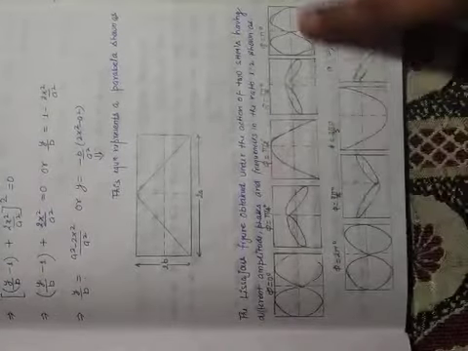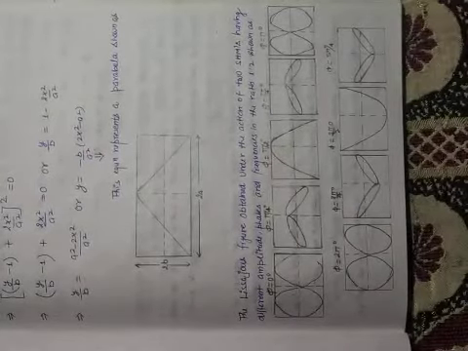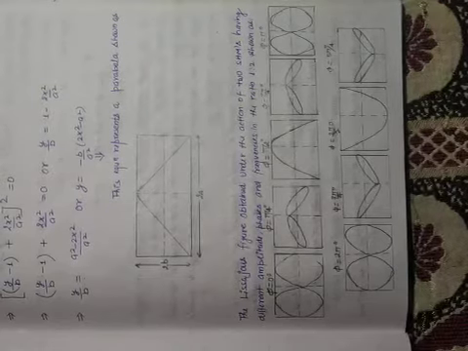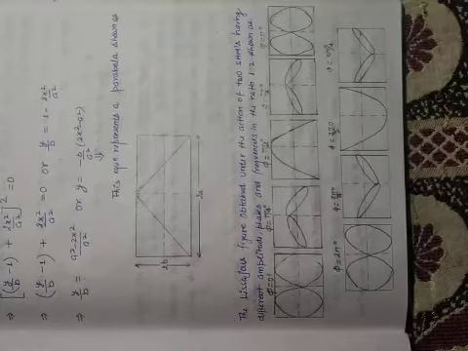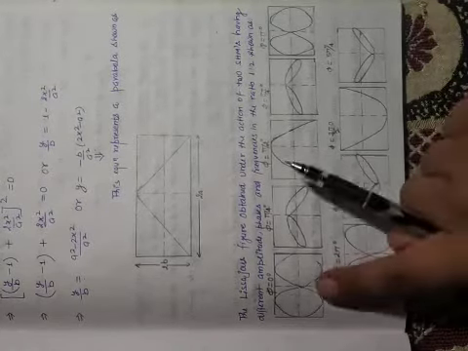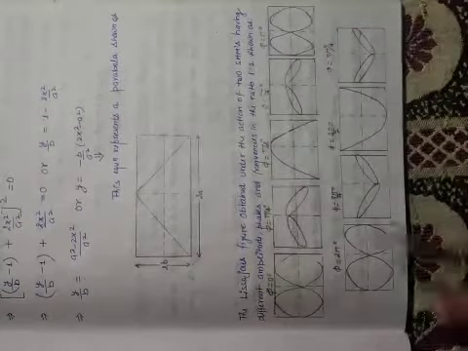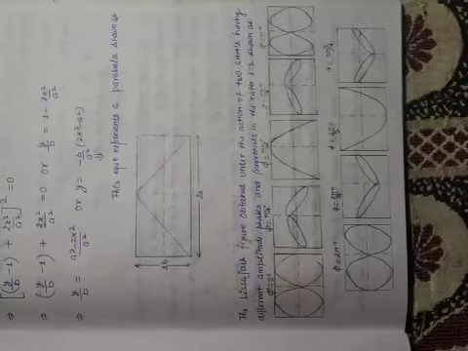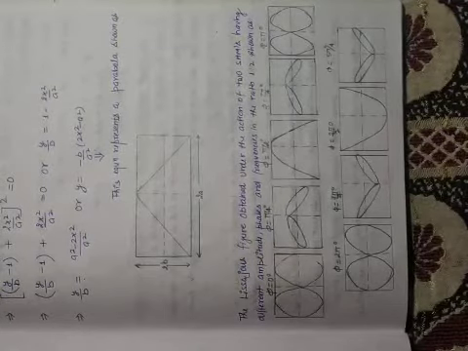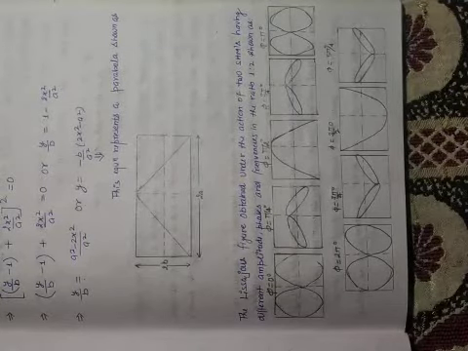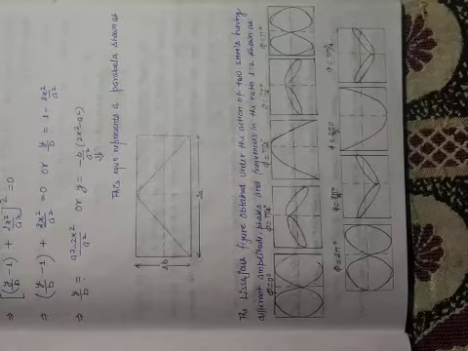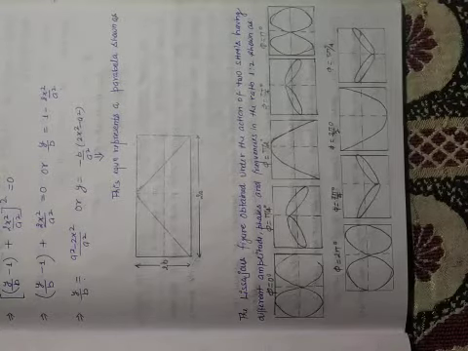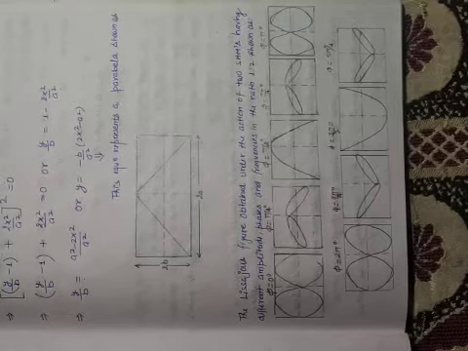These are all called Lissajous figures, and these figures are the resultant trajectory of the particle under these conditions, under these mathematical analyses. So this is the mathematical analysis, or you can say the analytical method, to obtain the Lissajous figure.